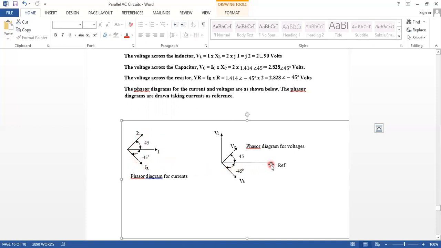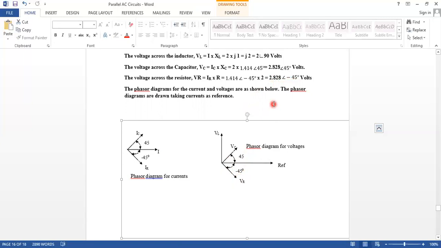Similarly for voltage, okay, if I take this as the reference voltage, then the voltage in the resistor is given as some value at an angle of minus 45, right? So that is, see this 2.828 at an angle of minus 45. So it should come below the reference.